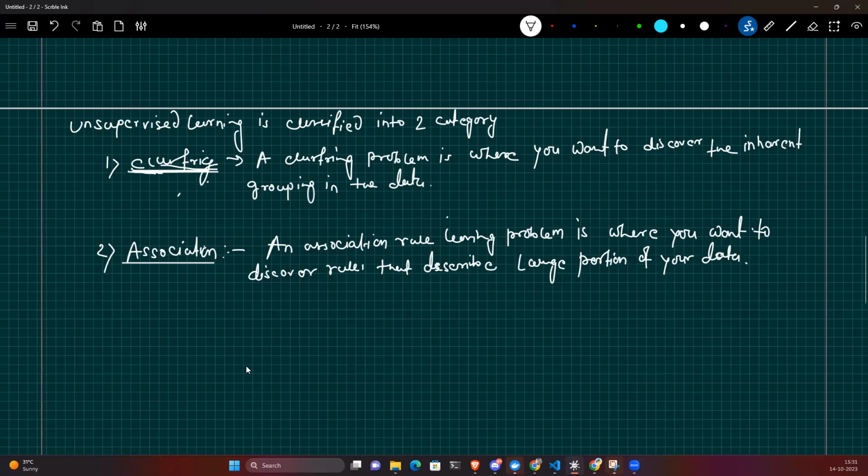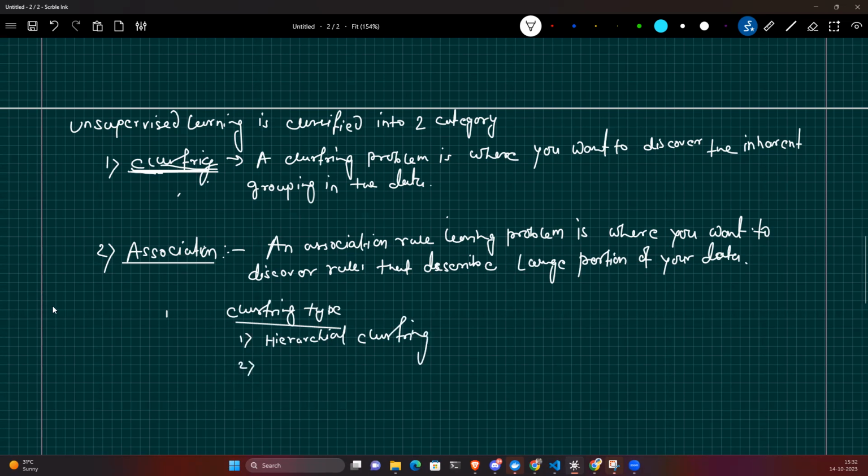So here also there are different clustering types. Number one is hierarchical clustering.